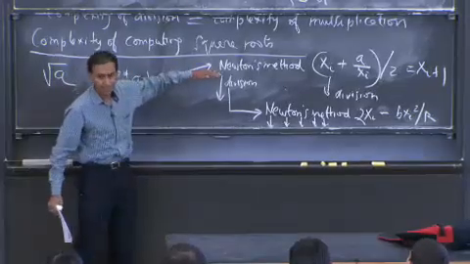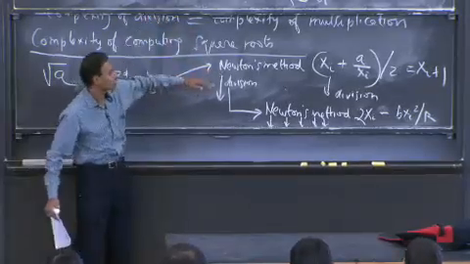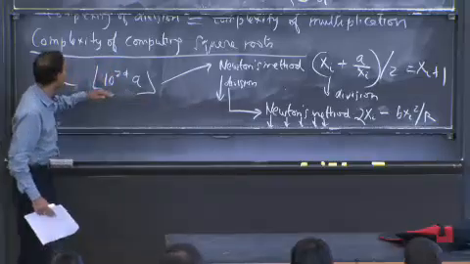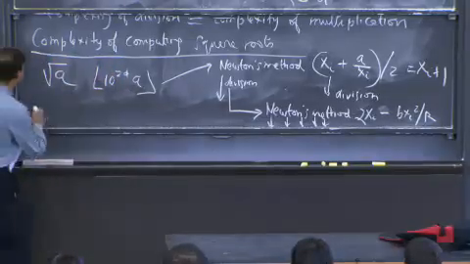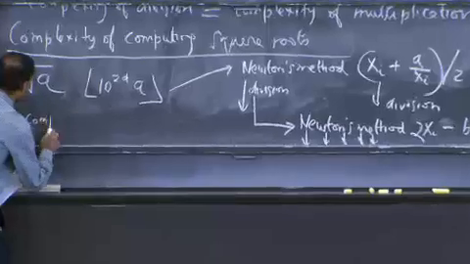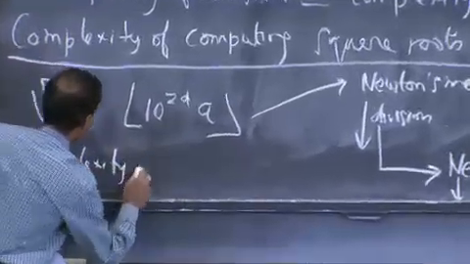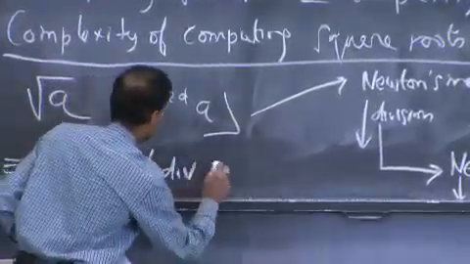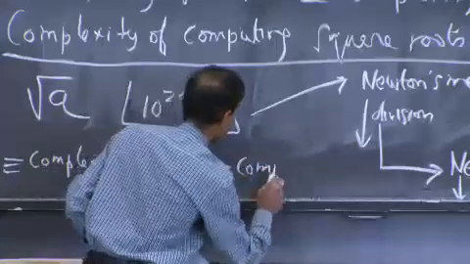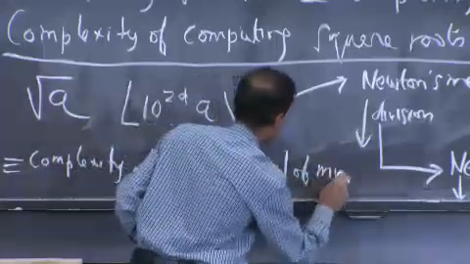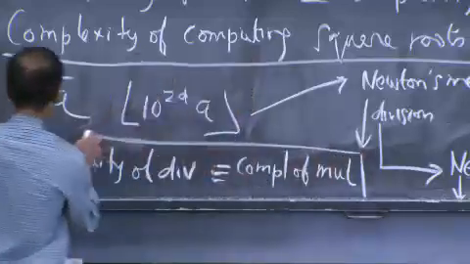So using essentially the same summation, you can argue that the complexity of computing square roots is the complexity of division, which of course is the complexity of multiplication.